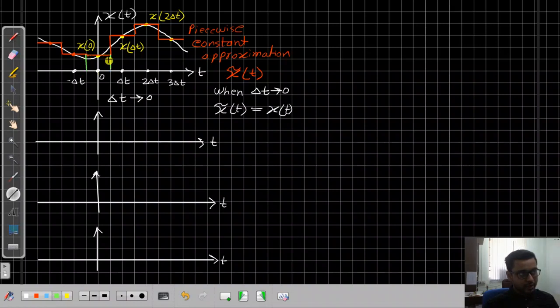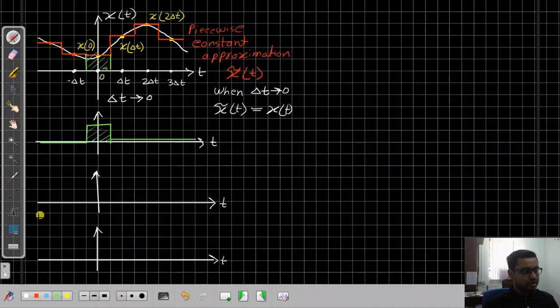So this part I shall draw like this. This signal is representing this part.